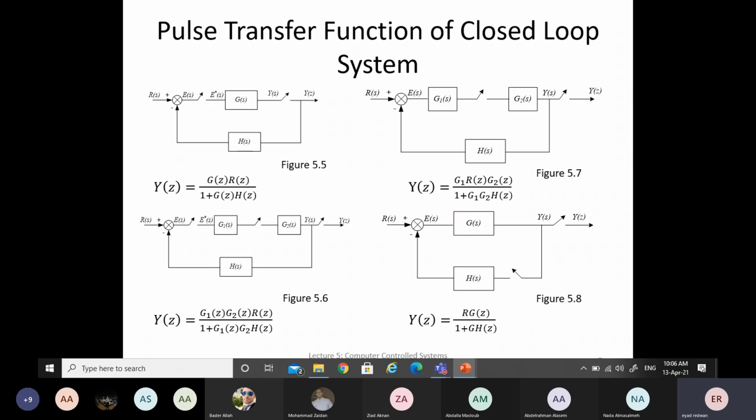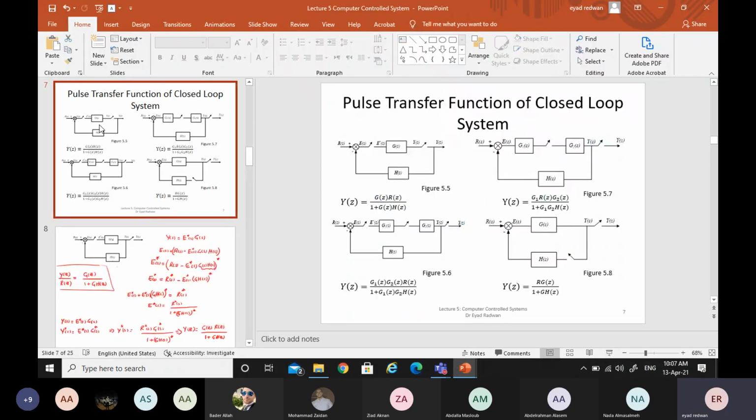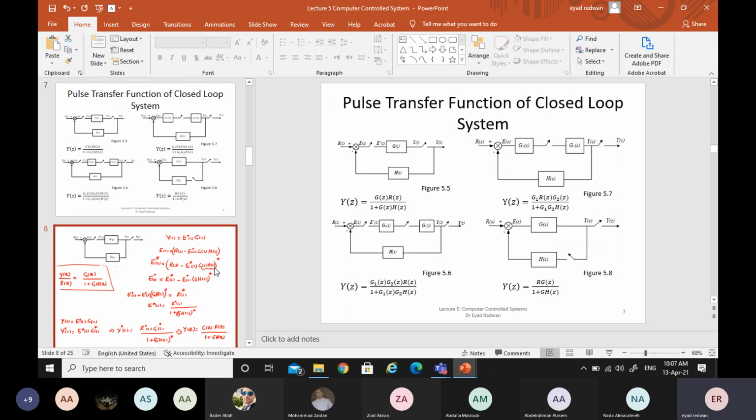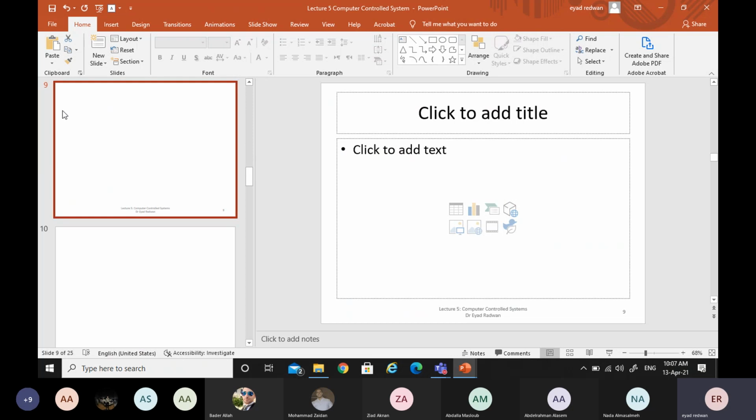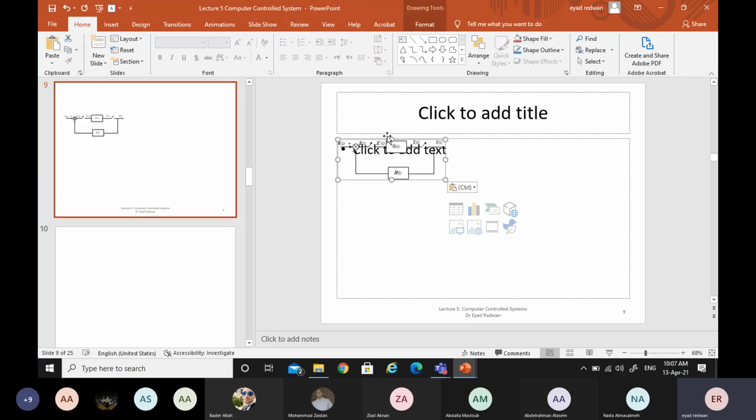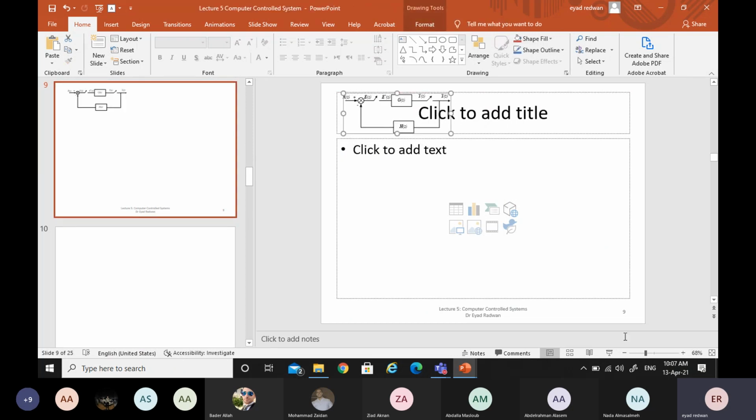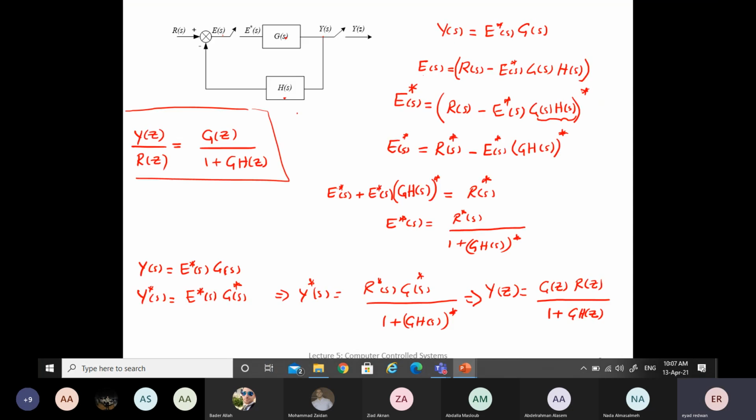Let's examine this system, for example. Let me take this system here, and compare it with ours. Now you notice in the system we worked on initially, I have one sampler here at the error signal, and look at how the pulse transfer function came out.